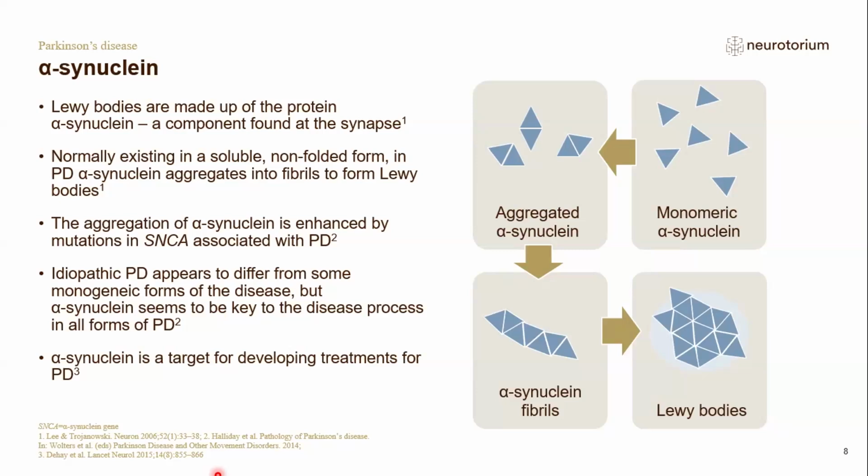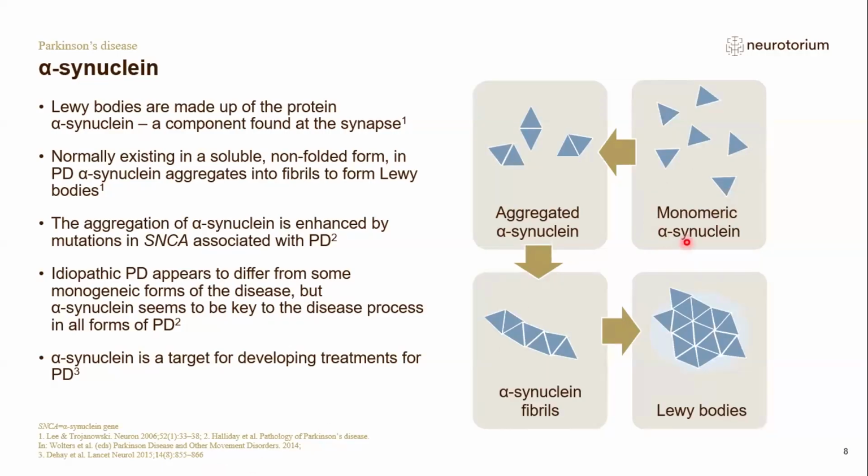But in disease, we do not know exactly the mechanism, it aggregates. In Parkinson's disease, after you have gotten loss of neurons, it folds and forms what we call fibrils that later form Lewy bodies, okay?